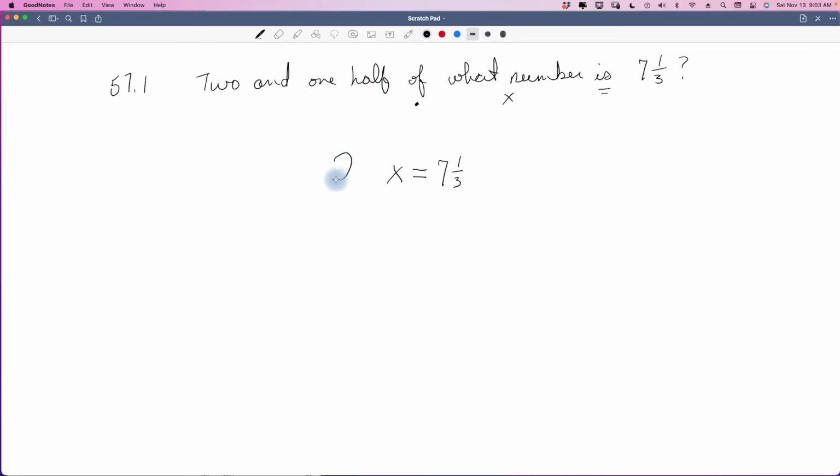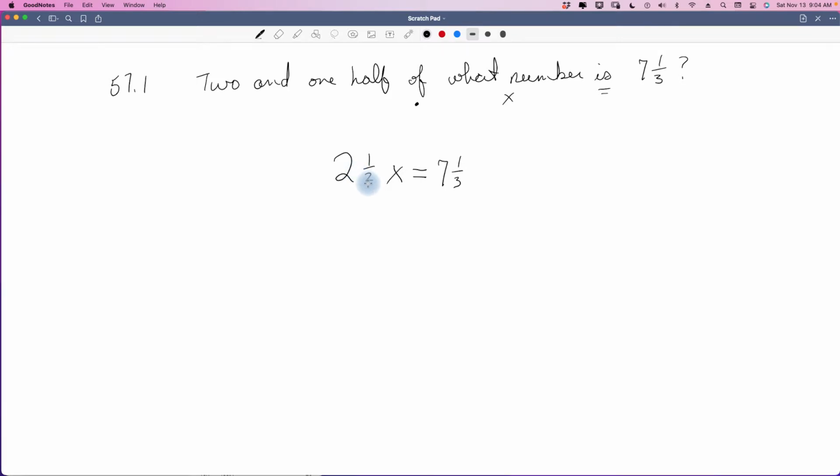2 1/2. Ugh. That is a mixed number. Let's get rid of the mixed numbers. We hate mixed numbers in algebra. We really do. I mean, they're just a pain. Now remember how we get rid of it. We multiply the whole number times the denominator plus the numerator, and then put that back over the denominator.